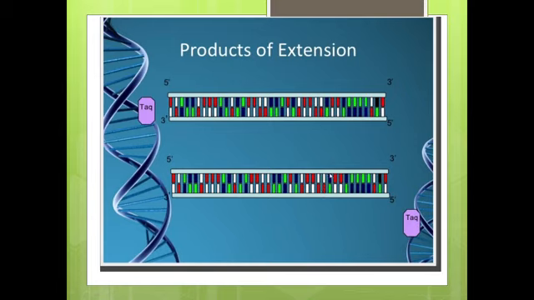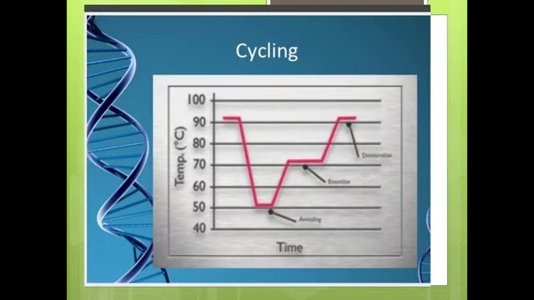So 4 single strands will be formed, and from 4 we will obtain 8 DNA molecules, as can be seen in this graph. Here, this is the temperature at which denaturation of DNA takes place, 92 degrees centigrade. After denaturation, the two parent DNA strands will separate.